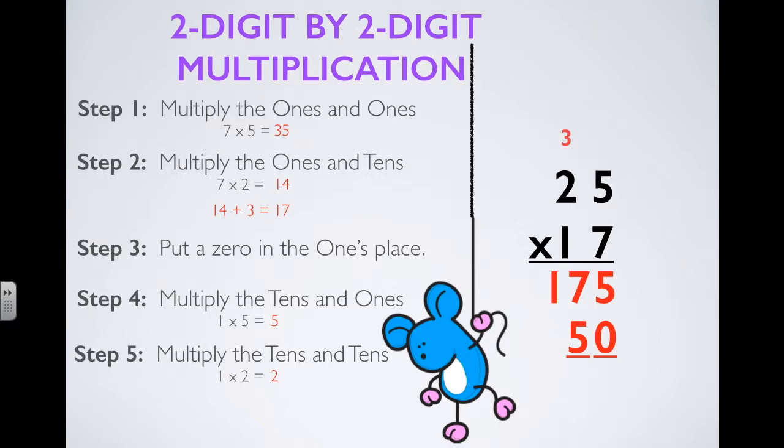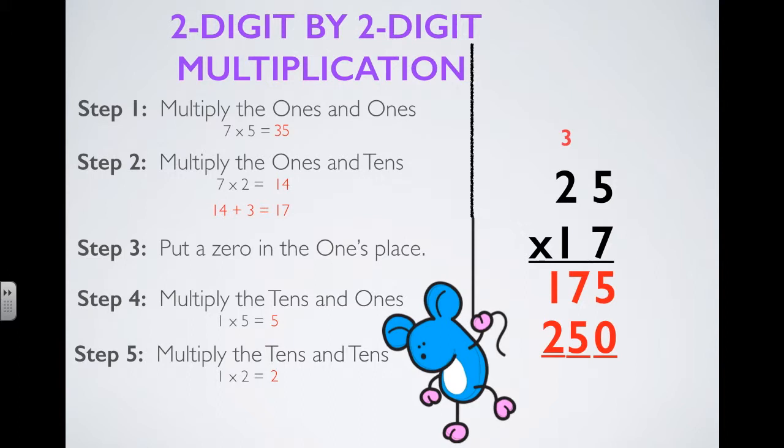The actual problem that we're multiplying isn't 1 times 2 because the 1's in the tens place, the 2 is in the tens place. So our problem is really 10 times 20. If we multiplied 10 times 20, what would we get? We would really get 200. So the 2 goes in the hundreds place. It's 2 hundreds.